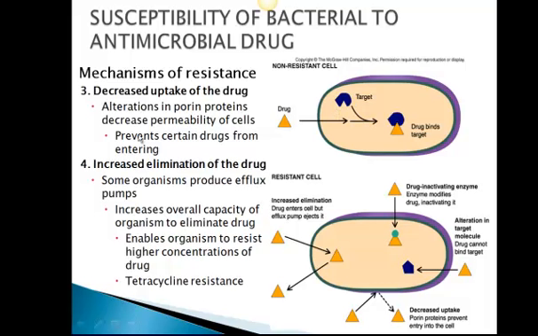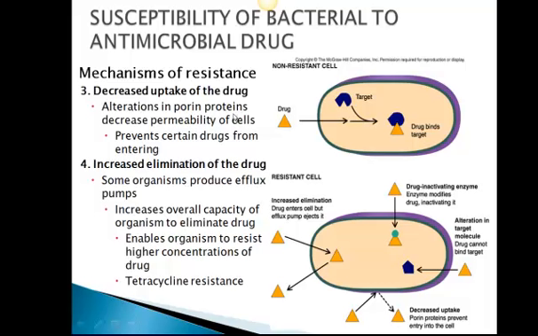And so if they have alterations in these proteins so that they specifically will recognize the antibiotic structure, the minute that the drug actually comes into the cell, it will be grabbed by the ABC transporter and it will be kicked right back out. And so by this mechanism, the drug has no time to enter the cell, bind to the ribosome, and inhibit the production of proteins within the bacteria. Instead, it just enters and gets kicked back out through the ABC transporter. So this would actually be an increased elimination of the drug.